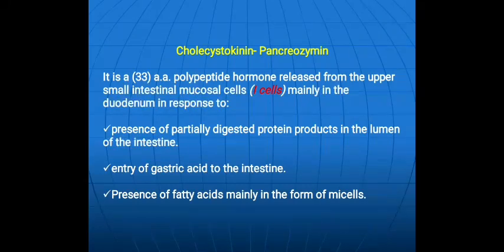It is a 33 amino acid polypeptide hormone released from upper small intestinal mucosal cell, which is called the I cell, mainly in the duodenum, in response to, first, presence of partially digested protein products in the lumen of the intestine, second, entry of gastric acid to intestine, and third, presence of fatty acid, mainly in form of micelle.